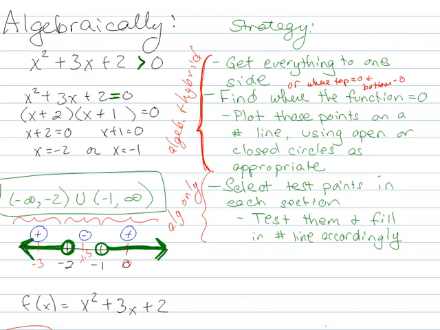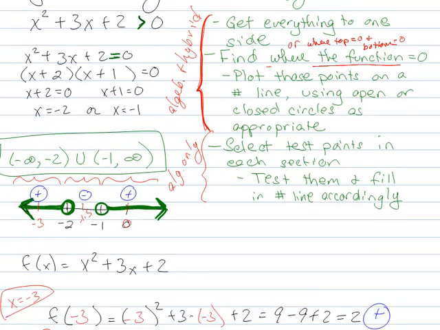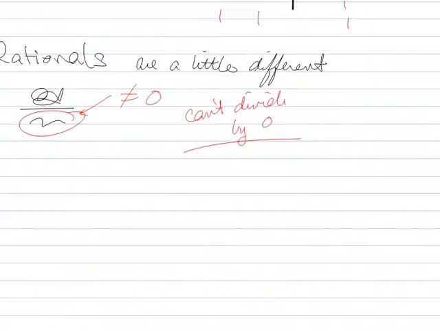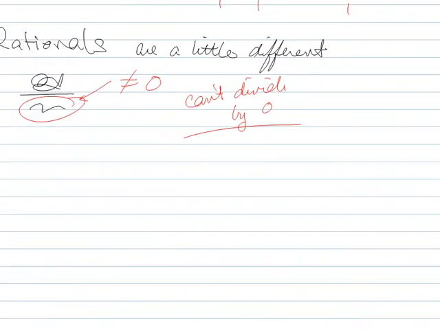So I'm going to see where the top is 0 and where the bottom is 0, and treat each of those separately. Instead of doing this, I'm going to do those two in a little red. So I'm either going to find where the top is 0, and then find where the bottom is 0. Then I'm going to do pretty much the same thing with a tiny little exception.